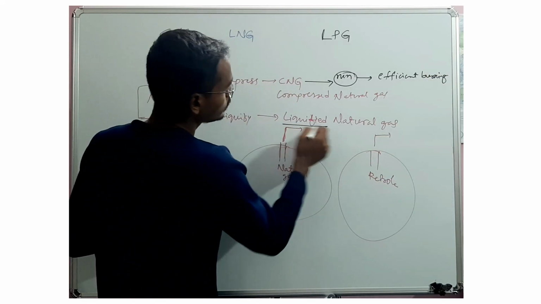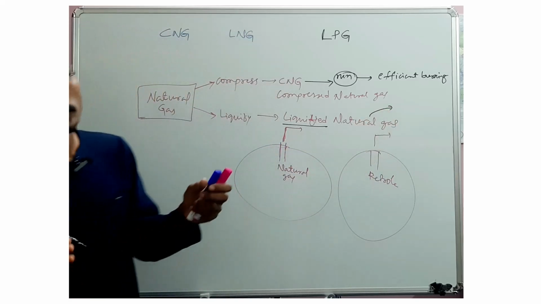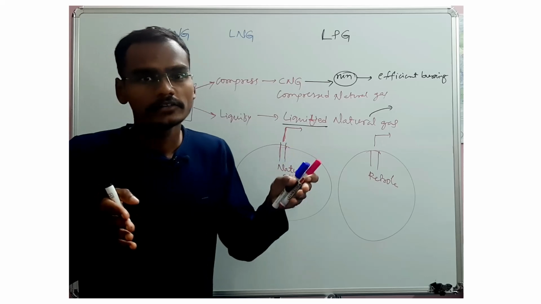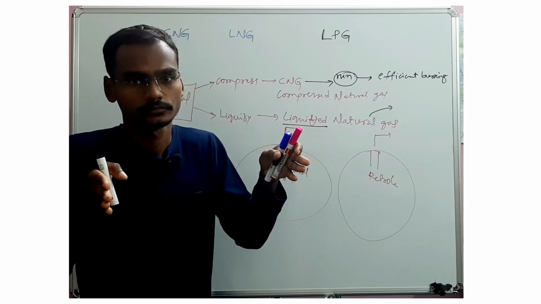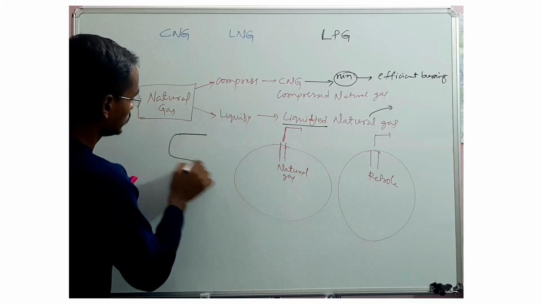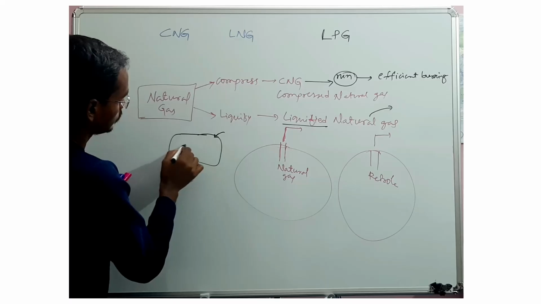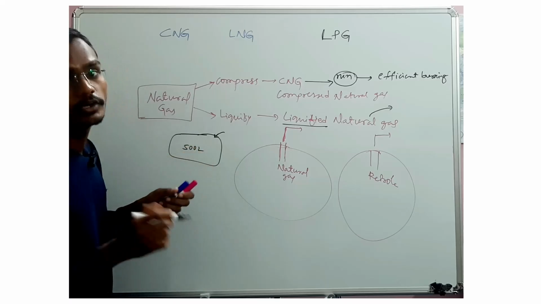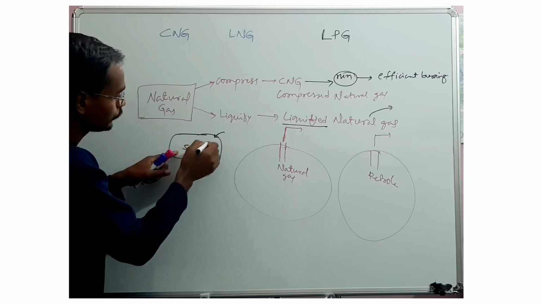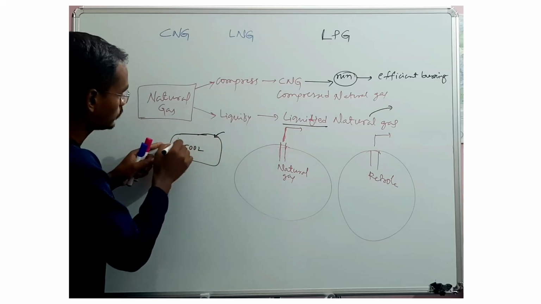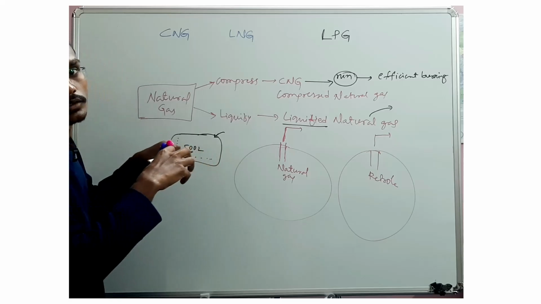Why do we liquefy this natural gas? To transport it, because if we turn the gas into a liquid, we can transport more in a container. For example, in this container we can fill 500 liters of gas. But if we turn it into a liquid, we can fill more, because in gases the molecules are very loosely packed.